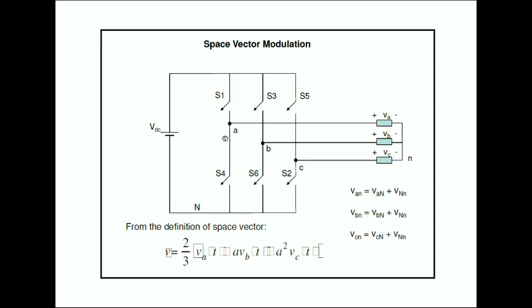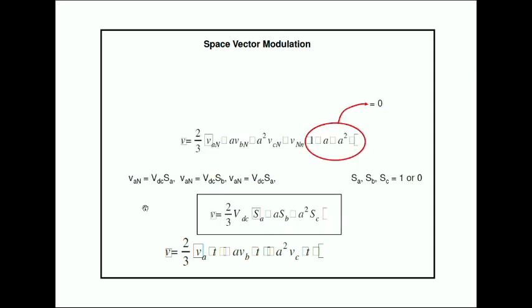So VAN is equal to VDC when this switch is on. That is, VAN is equal to VDC into SA, where we represent SA, SB and SC as binary numbers, 1 or 0.